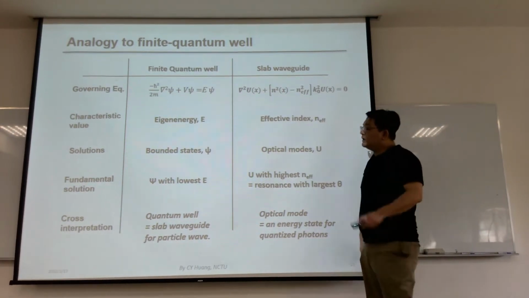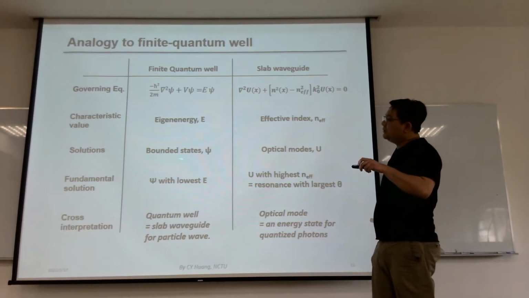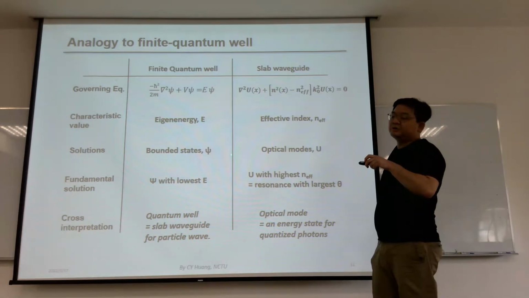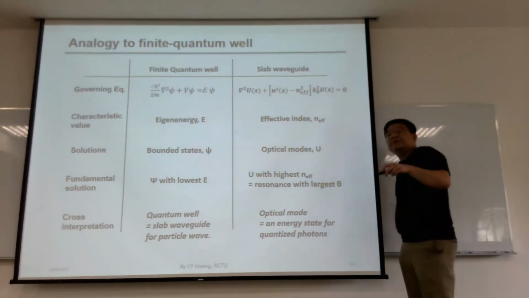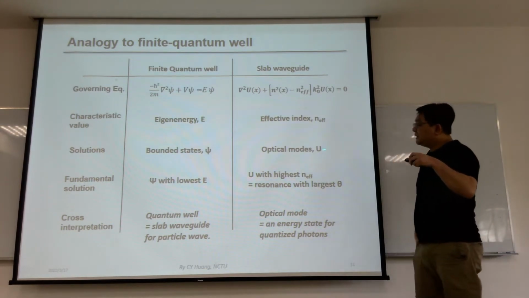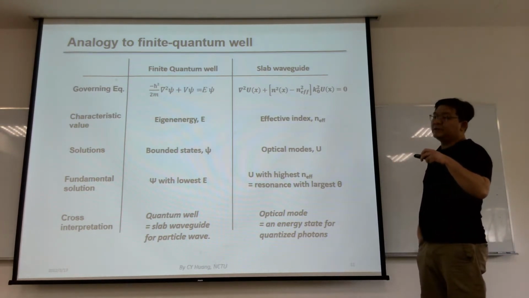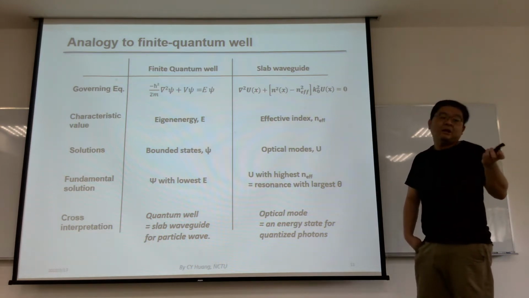And then for the final solution, if we have the eigenenergy, then the bound state, the energy state, or the wave function will be directly obtained with some little effort. Similarly, if we have NEFF, then we can construct the optical mode, since we can solve K and gamma as in the previous case.